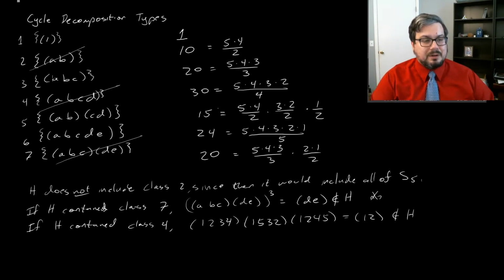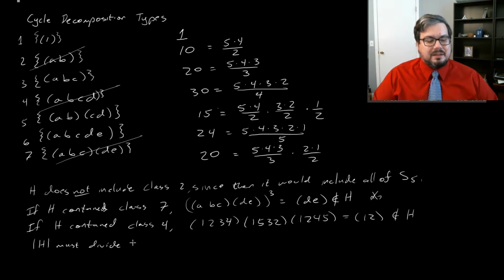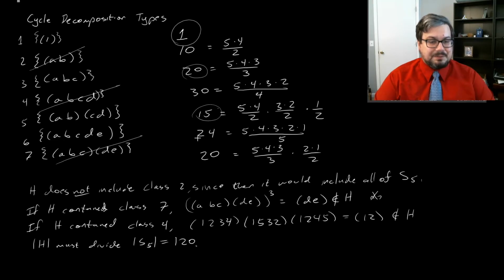So we want to look at whether it includes classes 3, 5, and or 6. And here we can look at what we need in order to make sure that the order of H must divide the order of S5, which is 120. So H certainly has to include the identity element, and then it might include something of size 20, might include something of size 15, and might include something of size 24.